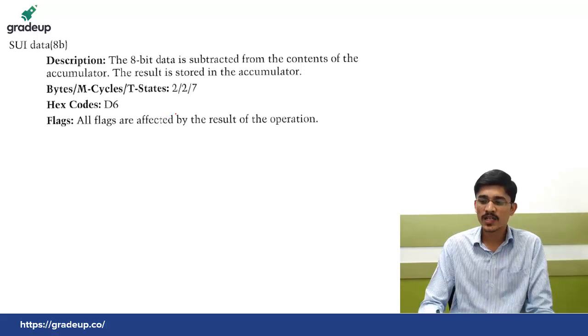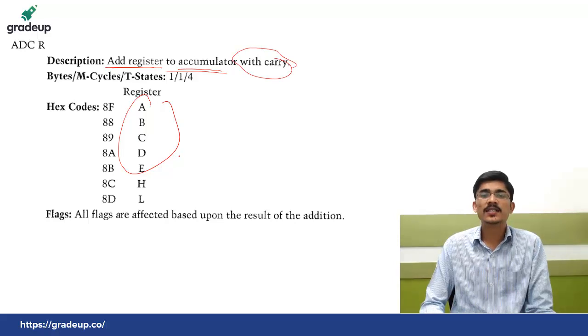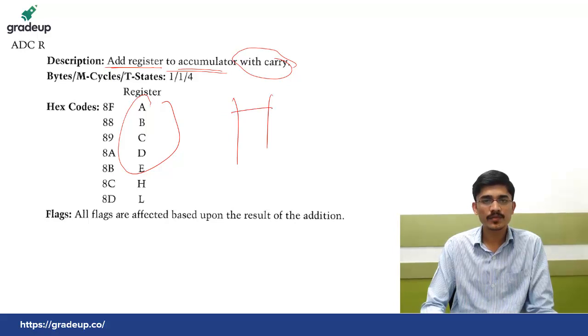So let's move to the next instruction, which is ADC R. What does it mean? It means add the contents of the register, as in the first instruction I have shown you, to the accumulator along with the carry. Here the carry flag is also important because the carry is added back as well.